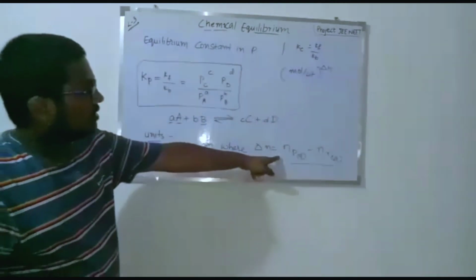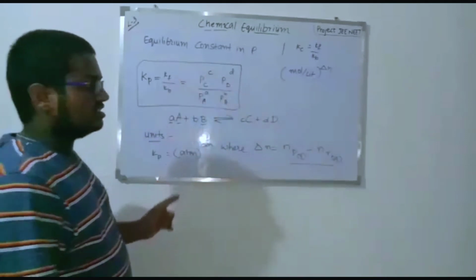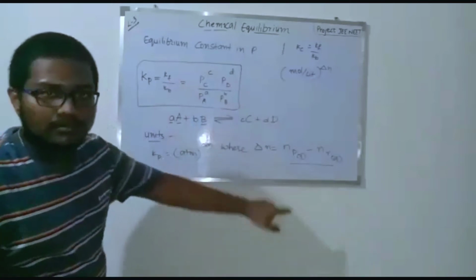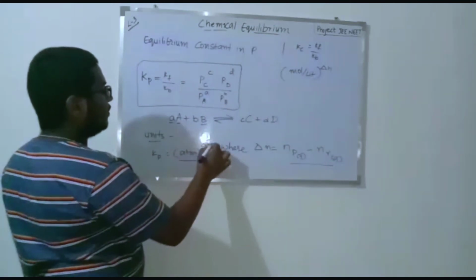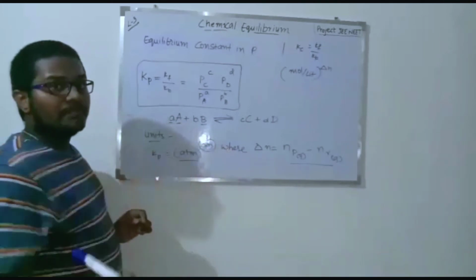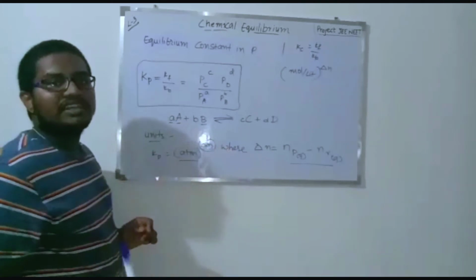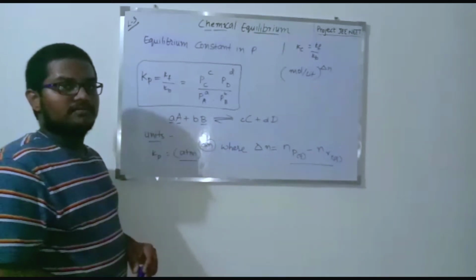I gave you an example of this particular equation in the previous discussions, so the same concept applies here also. Atm to the power delta N is the unit of Kp, the equilibrium constant in terms of partial pressures. So let's go to the further topics.